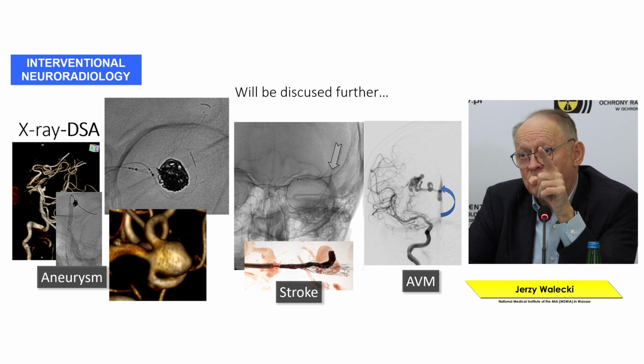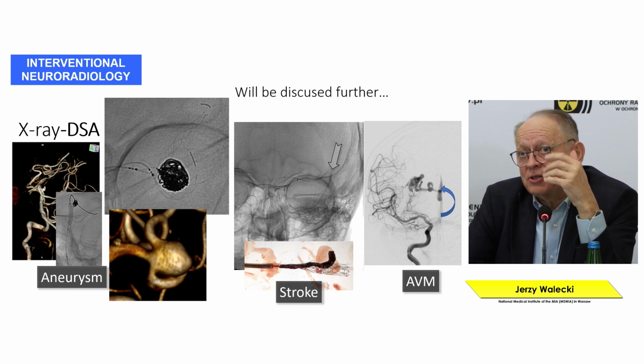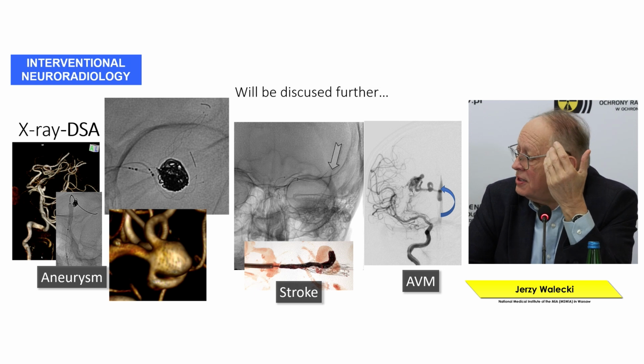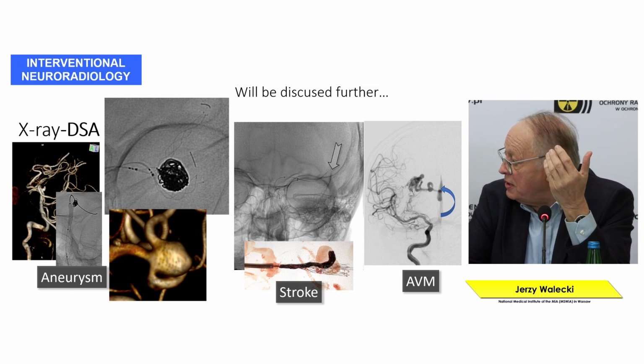So this aneurysm that you can see, it's after the closure, and vascular reconstruction on the right-hand side. This is the reconstructed DSA image from angiography.